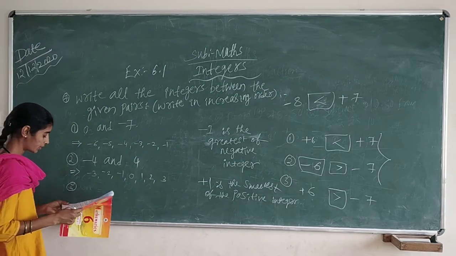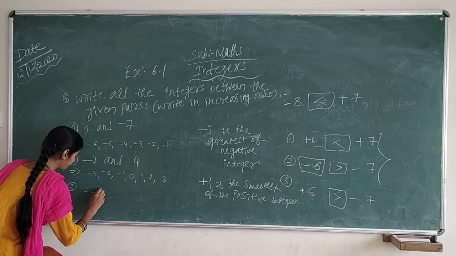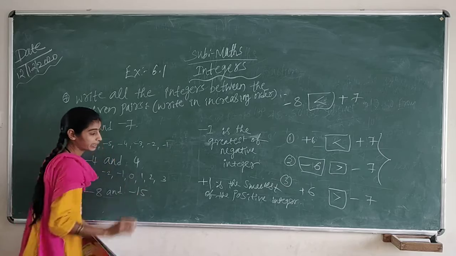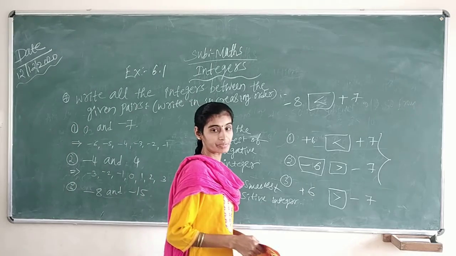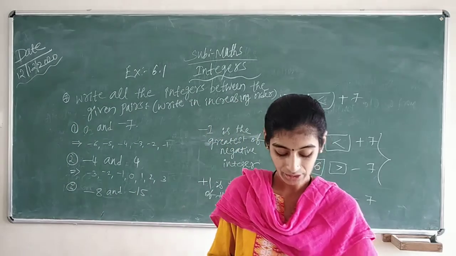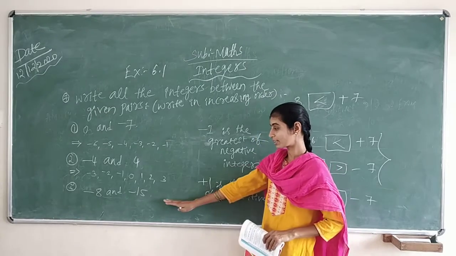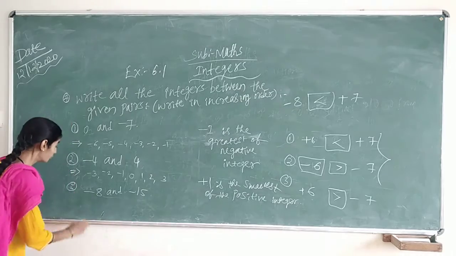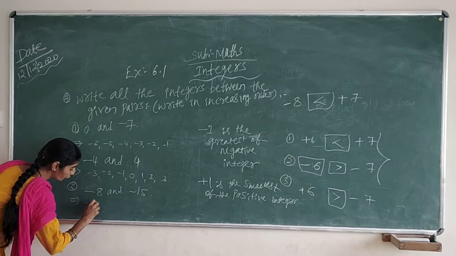Third question: minus 8 and minus 50. Please try it, children. Minus 8 and minus 50. You have to write the integers in increasing order, which means you have to start with minus 14.